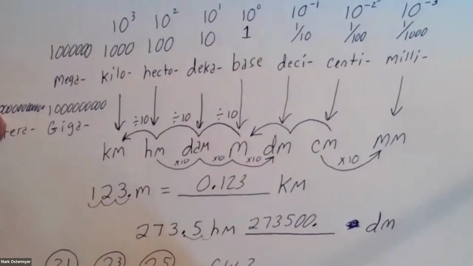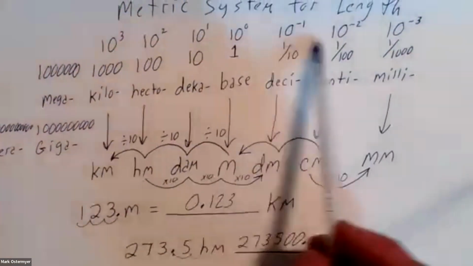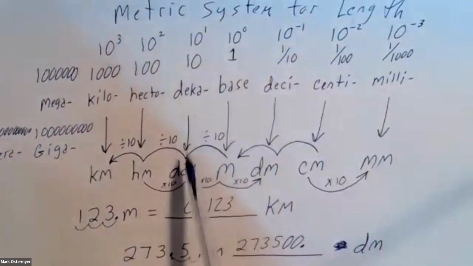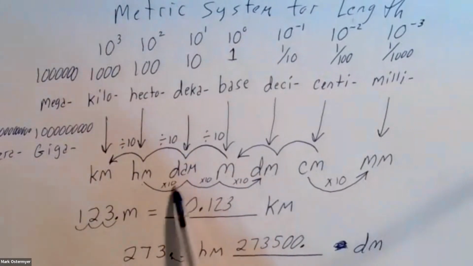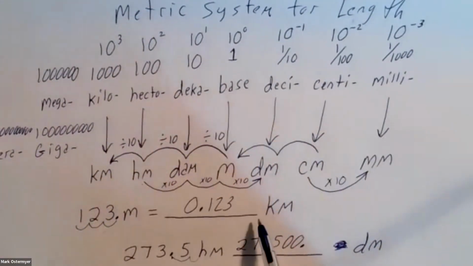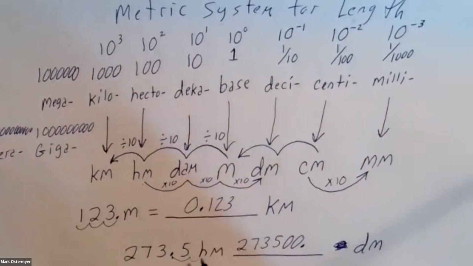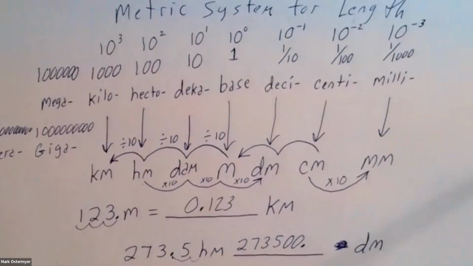That's the awesome thing about the metric system, because it's based on powers of 10. It's so easy to convert in the metric system. It's just a matter of either dividing by an appropriate power of 10 or multiplying by an appropriate power of 10, depending what direction you're converting towards. Or it's just a matter of shifting your decimal point. Correct?